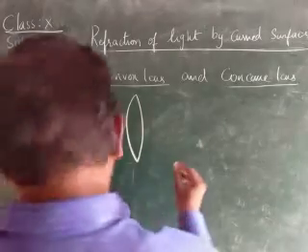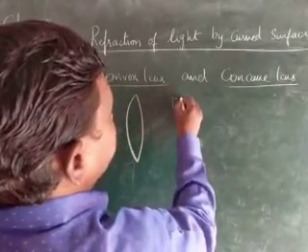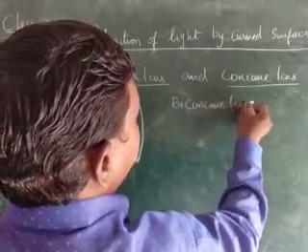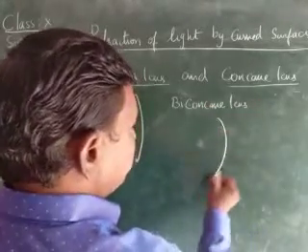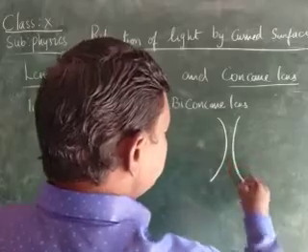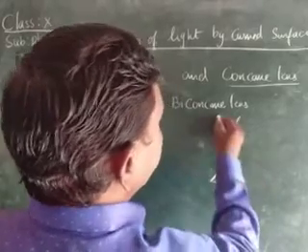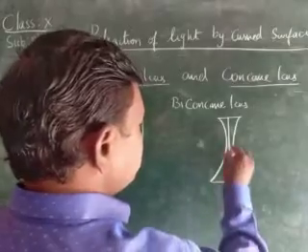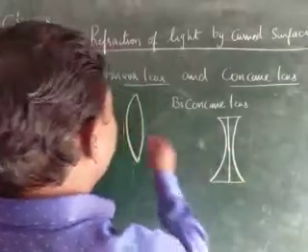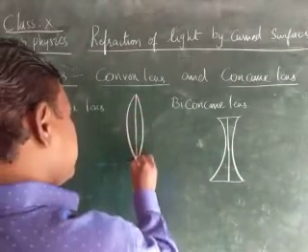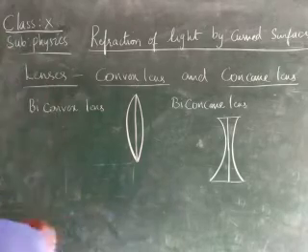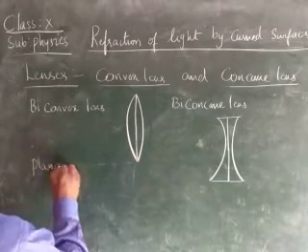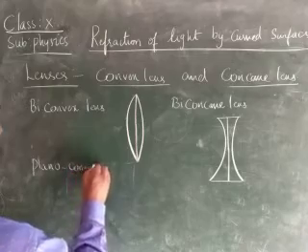Next, the biconcave lens. This is a biconcave lens. Then the plano-convex lens.